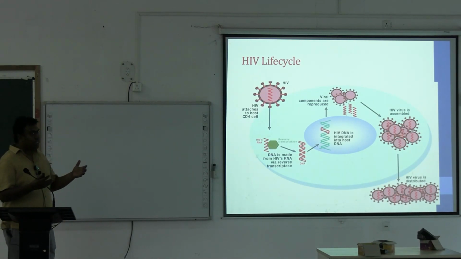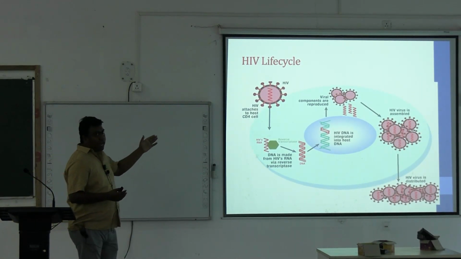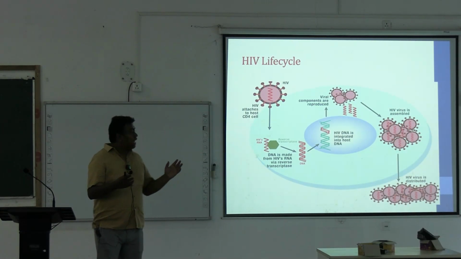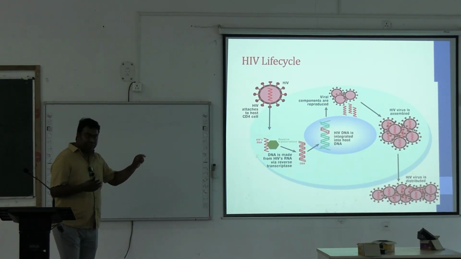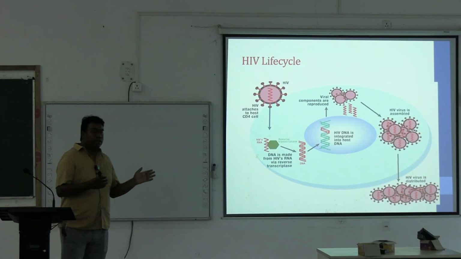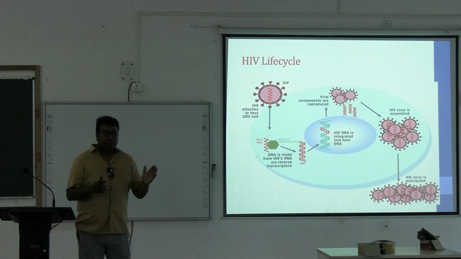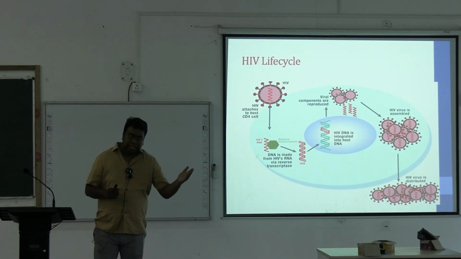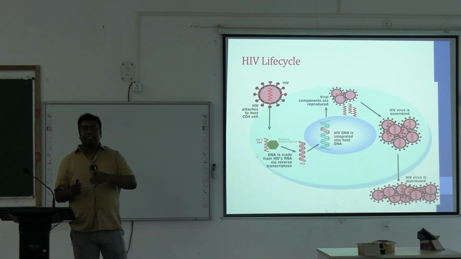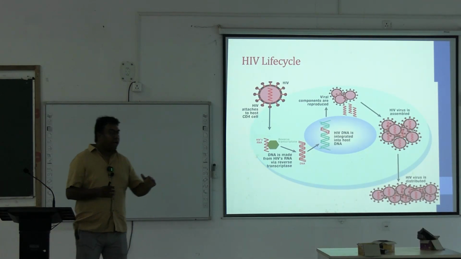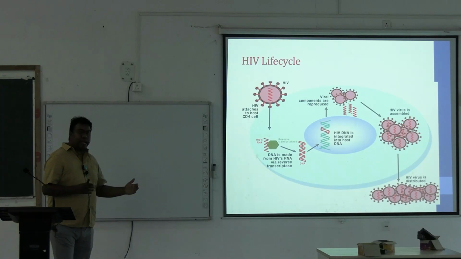Now there is a difficulty. The virus has RNA and humans have DNA. So there is another specific step for HIV, that is reverse transcription. Transcription means DNA to RNA; reverse means RNA to DNA. For this, the reverse transcriptase enzyme is there.